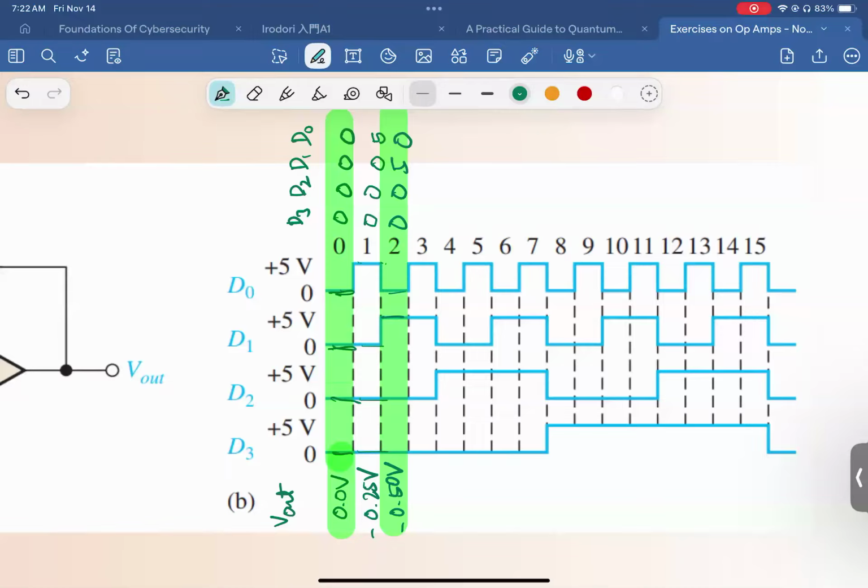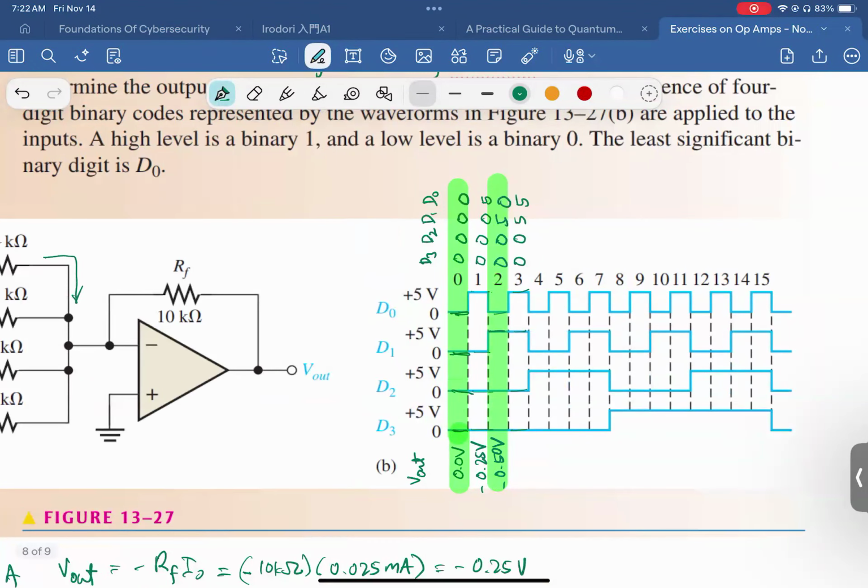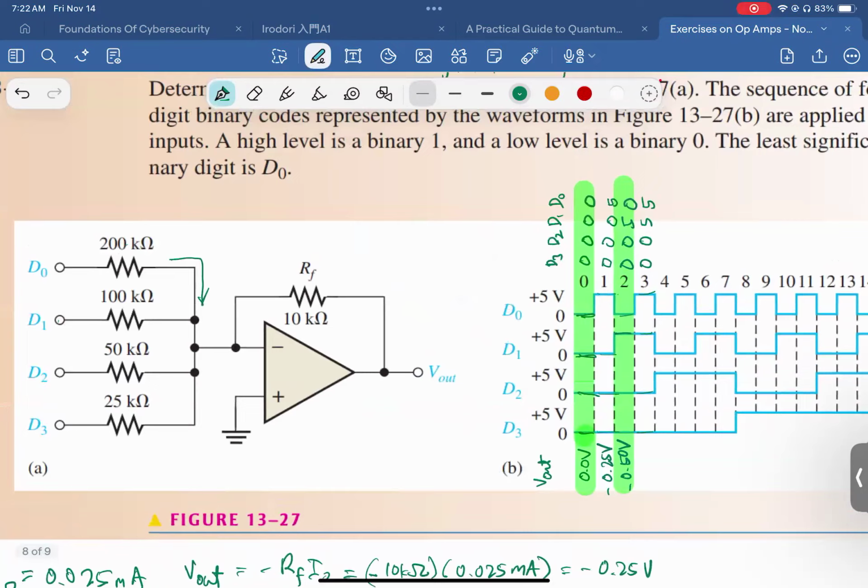Okay? So for the third, ano nang meron tayo? So this is 0, 0, 5, tsaka 5. So anong ibibigay sa atin yan? Remember, this is a summing amplifier. So ang meron ka lang is dito sa D0 at saka D1.